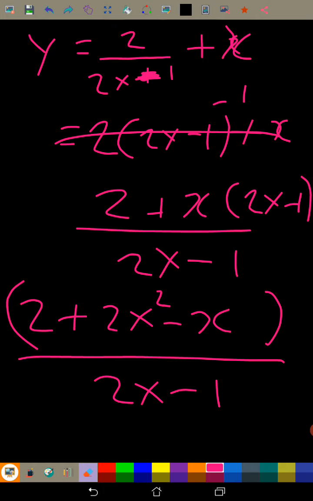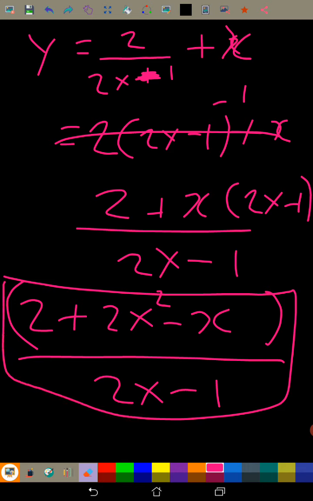What can we do? So I'm looking at the book right now.